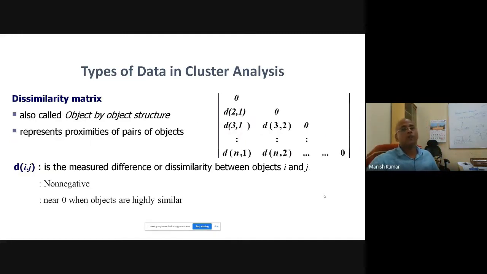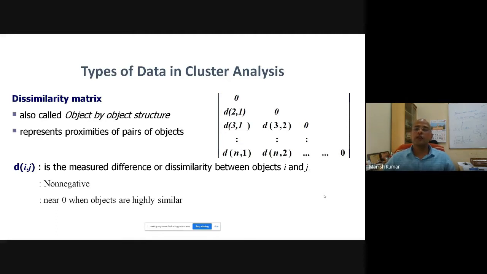When you talk about the dissimilarity matrix, it becomes an object by object structure. For example, I can have a matrix where all the data points are in rows and columns as well, and all the elements tell us the distance between the data points. Always remember that it may not be a single data point, but a combination of different data points which becomes a sample for you.